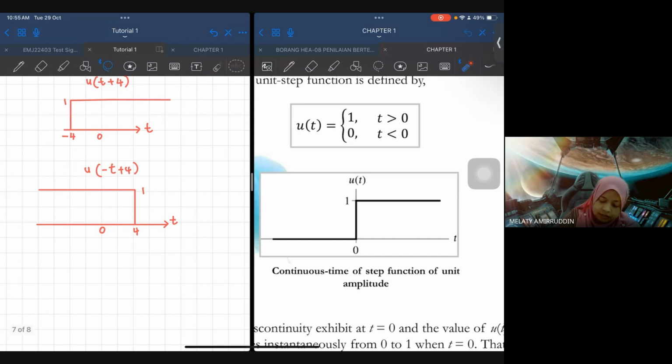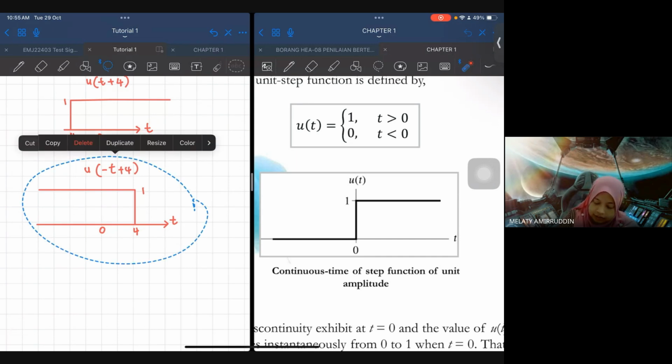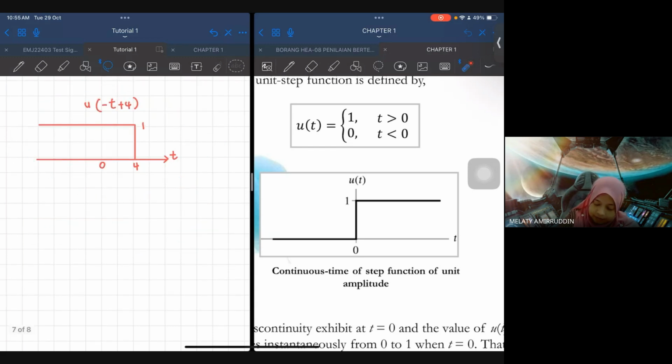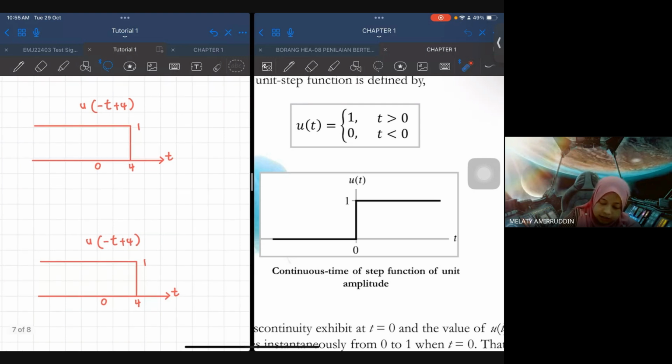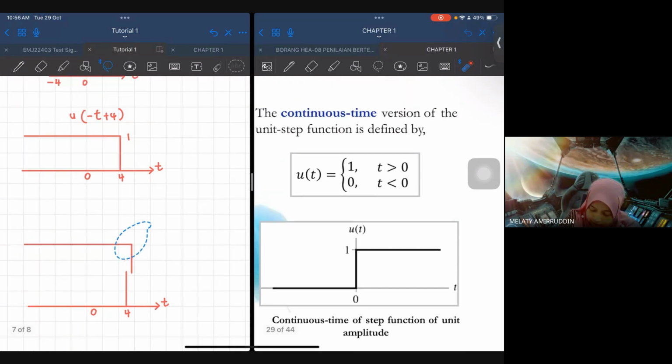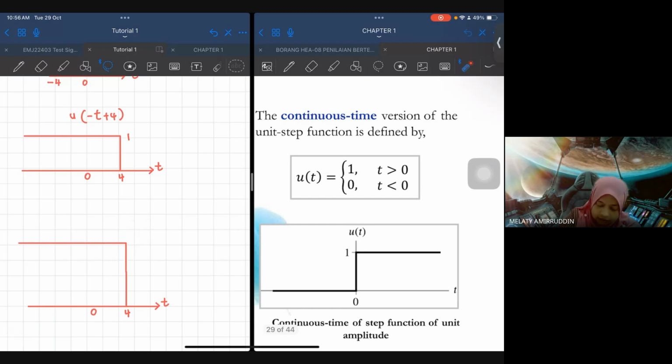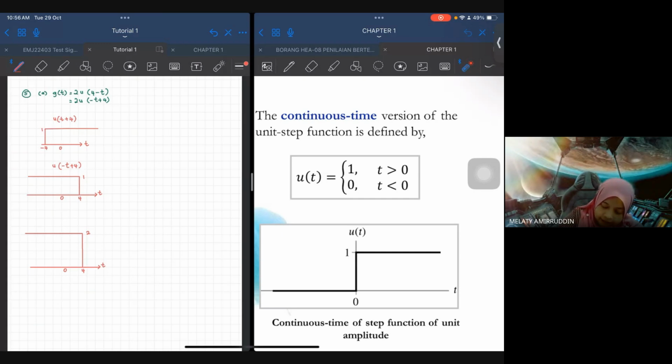So the final signal, with amplitude 2, is G(T).